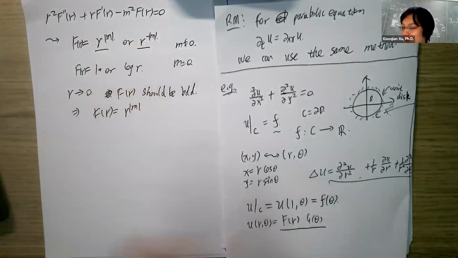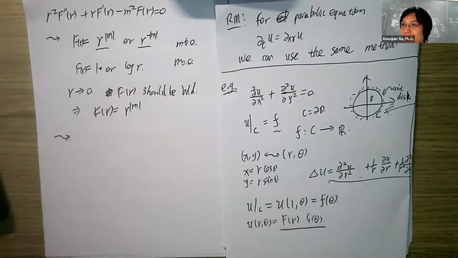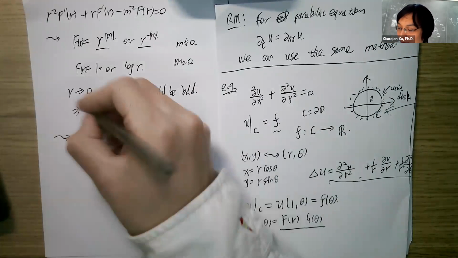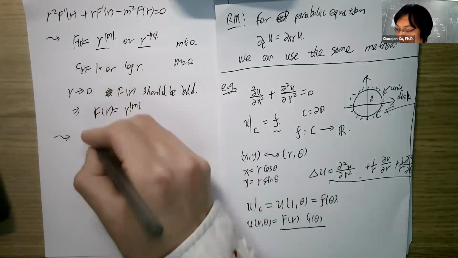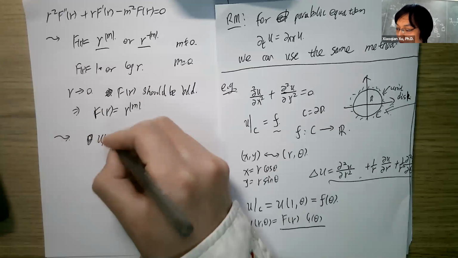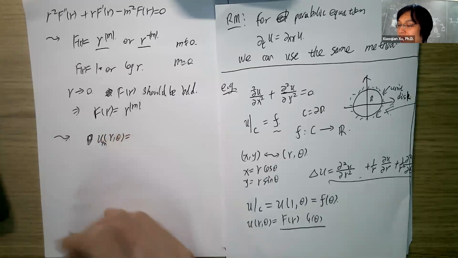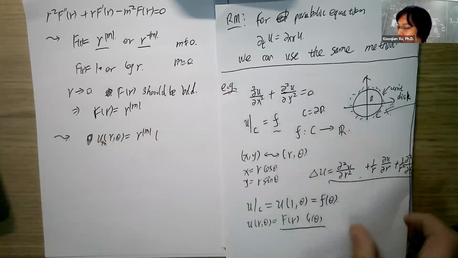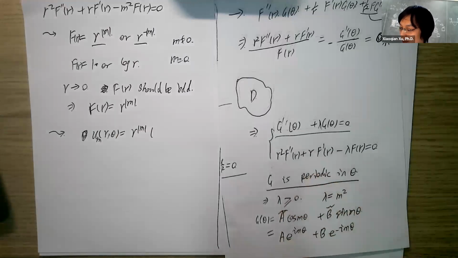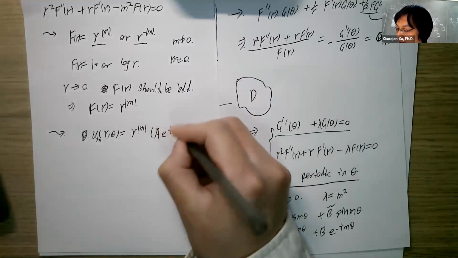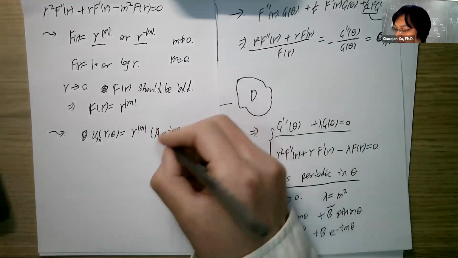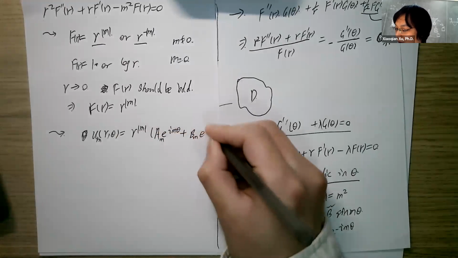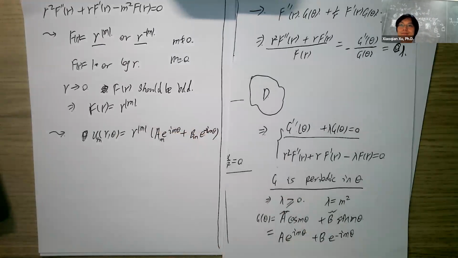Now we again have a family of solutions: u of r theta equals r to the power m times (A e to the i m theta plus B e to the minus i m theta).